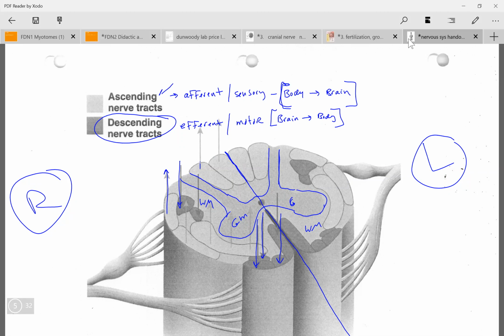Okay, on this particular diagram, they only showed you the arrows on one side. All right. They just happen to be showing it on the right side, but this is actually going on both sides. So let me get rid of some of this.